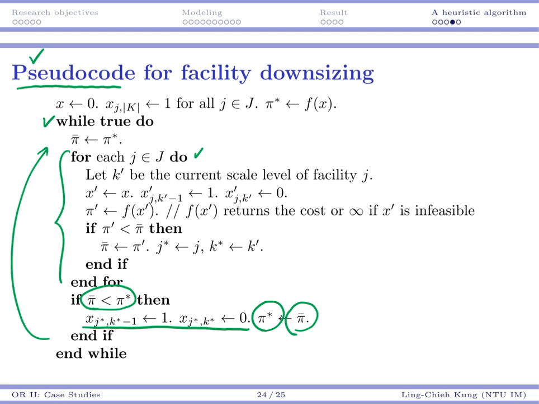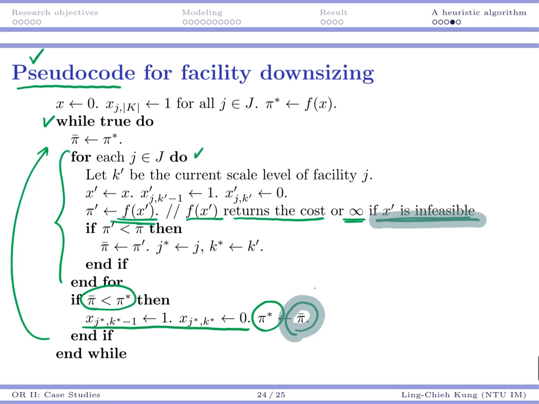So there's only one thing that we need to do to make this happen, is that your f function, when it does the evaluation, it should either return the total cost, or if the pi prime is actually infeasible, then it may be designed to return infinity or a very huge number. Then it's not going to replace whatever pi bar you have. Then it's in some sense effective.